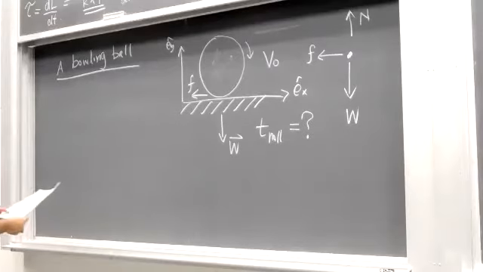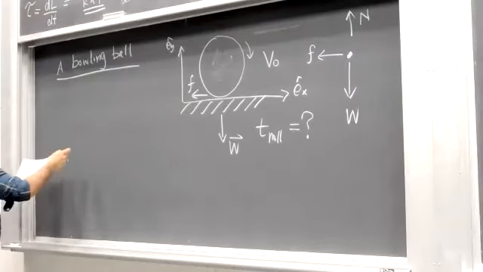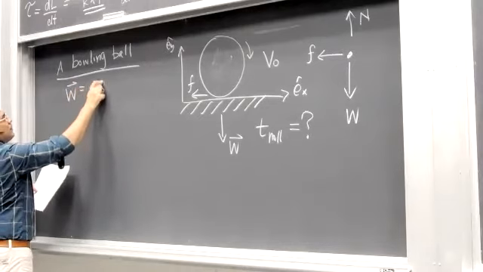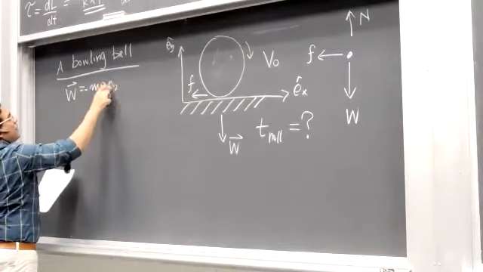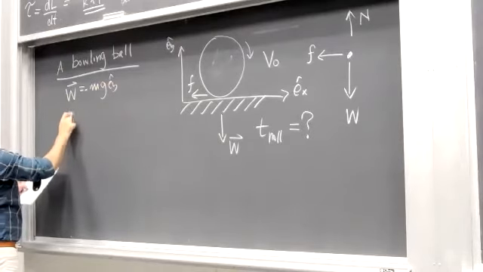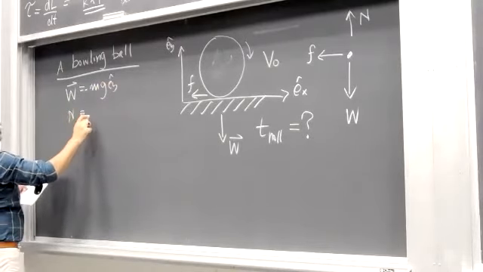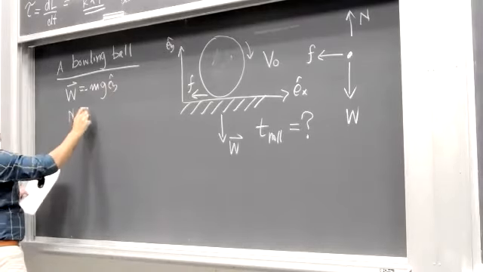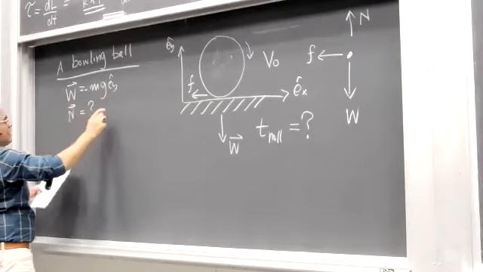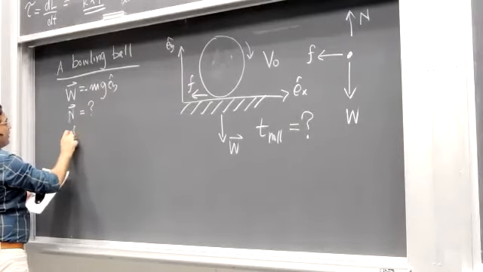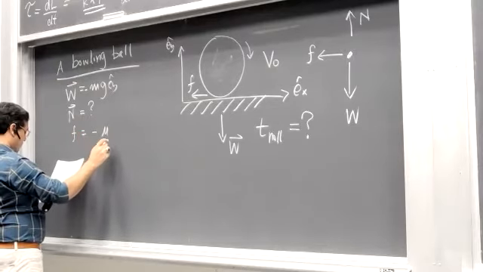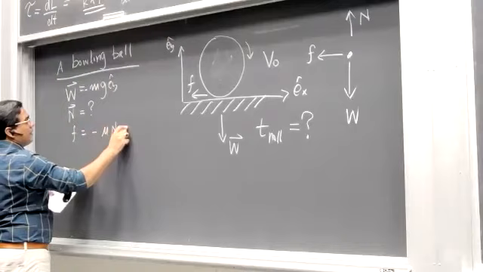All right, so if we know all the forces, weight is minus mg ey, and normal force we don't know, we'll have to find out. And the force of friction would be minus mu N ex in the negative direction.